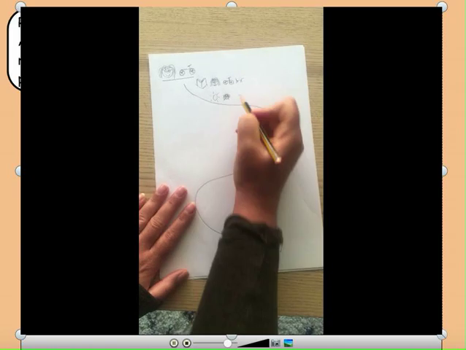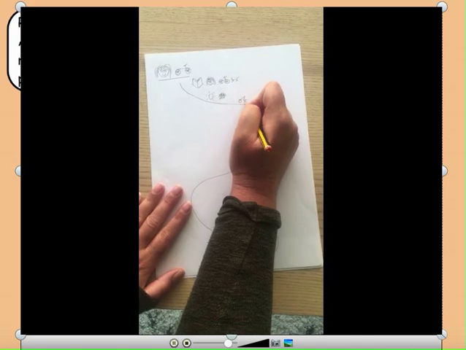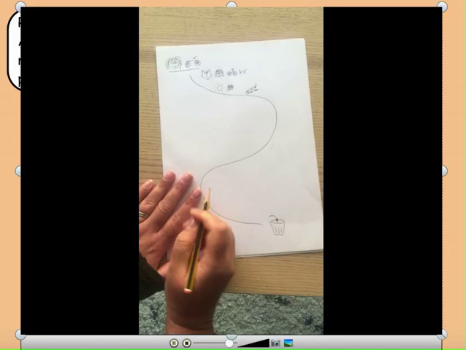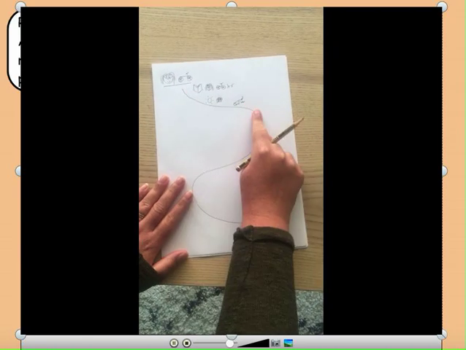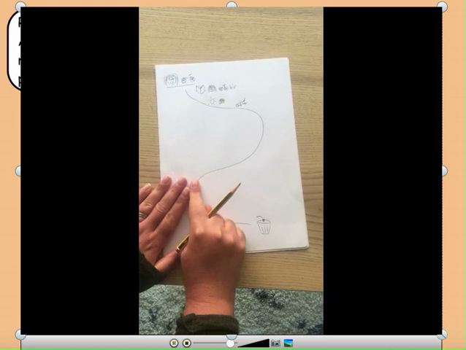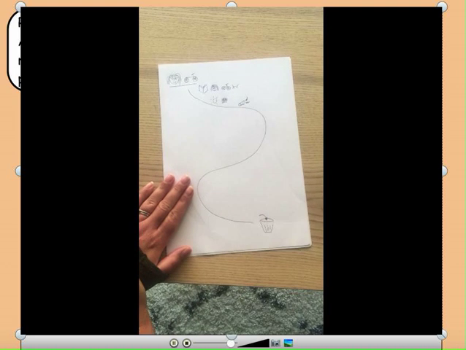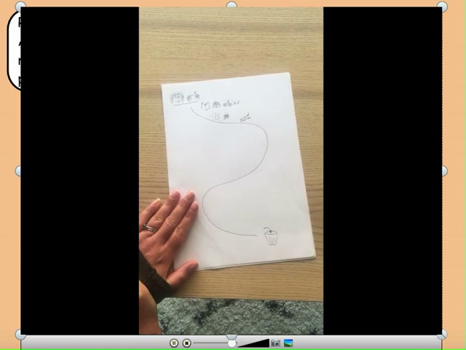So I'm not going to draw all of that. I'm just going to draw a picture of a horn. Some sound coming out of the horn. Okay, I think you get the idea. So what you need to do is draw some pictures that will take you all the way down the story until the very, very end. Try to remember all of the key points. Now it's your turn. Bye!